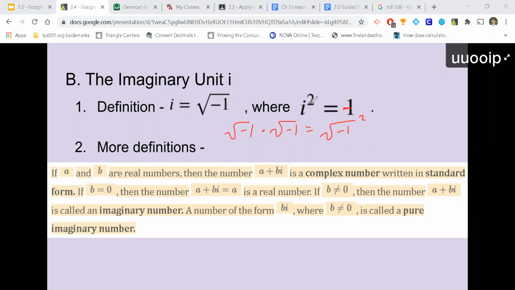And then the square root and the squared cancel out, leaving you with -1. Oh gosh. So the idea here is i times i is just i squared, and again, that's -1.